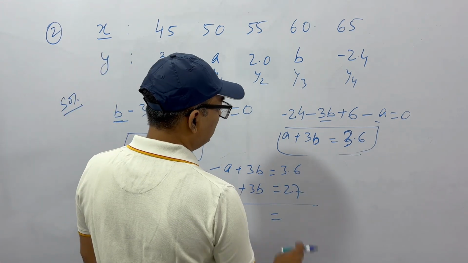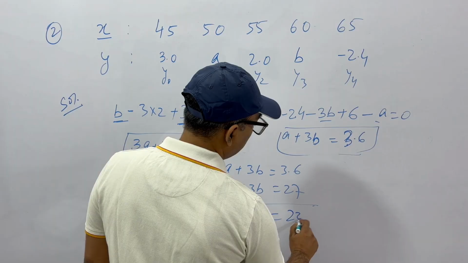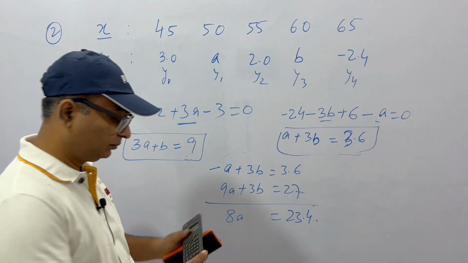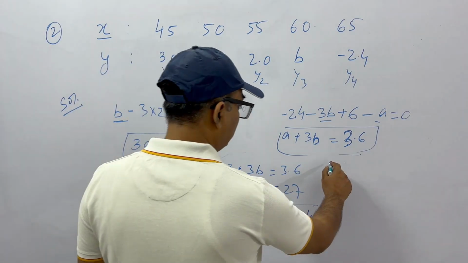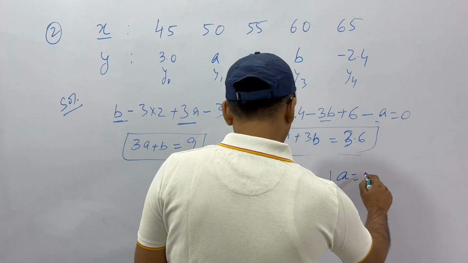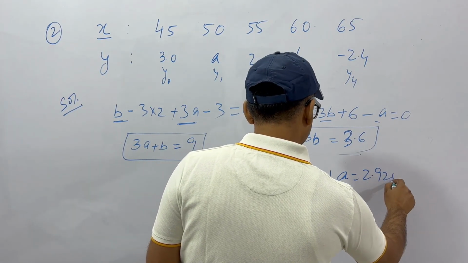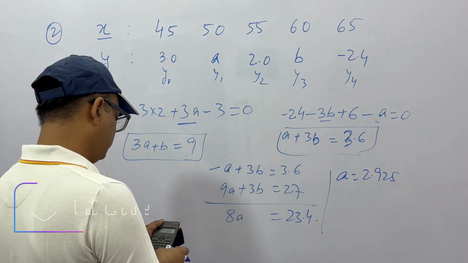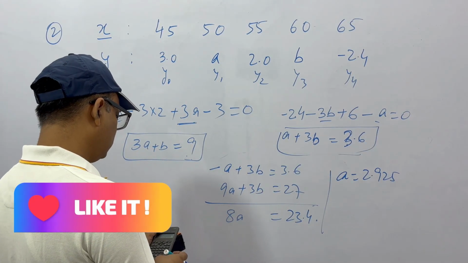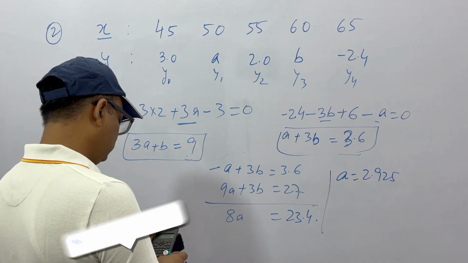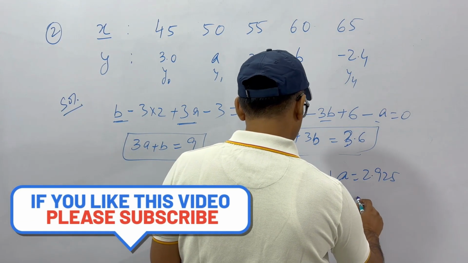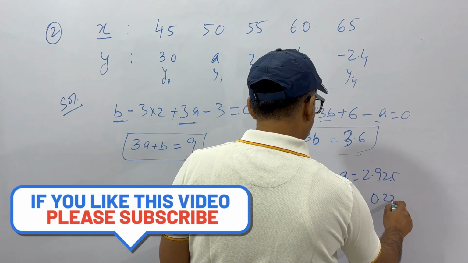So let's find the value. From here we get a equal to 2.925. And what will be the value of b? b will be this into 3, that is this, 9. So b will be equal to 0.225.